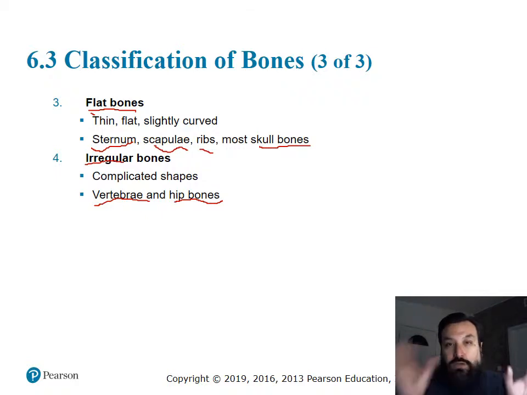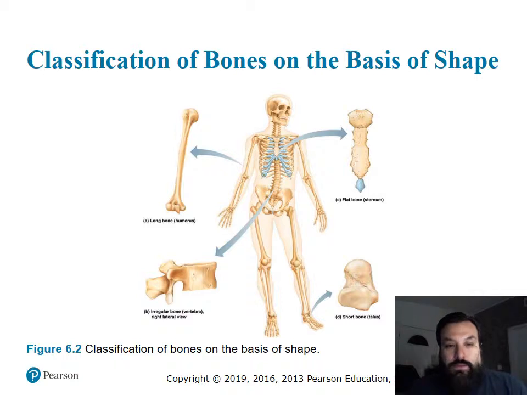So your hip is not one entire bone, it's actually two bones making one hip, if you will. Okay. So here we see in this figure all of your classifications based on shape, and they give you the four examples of each type.